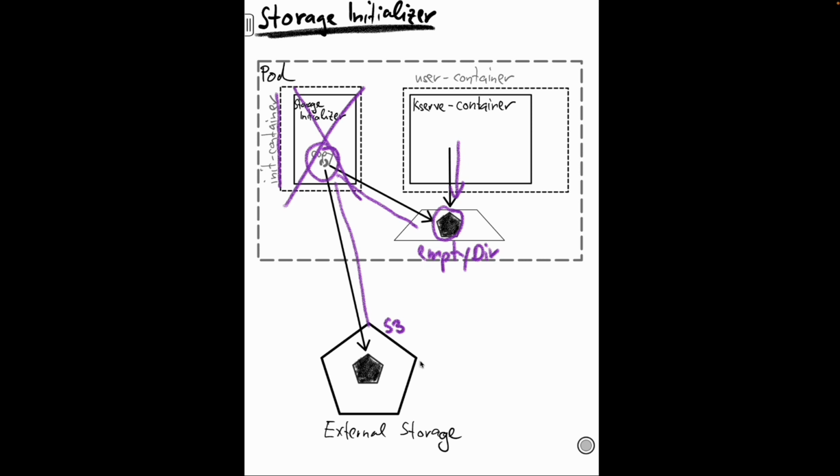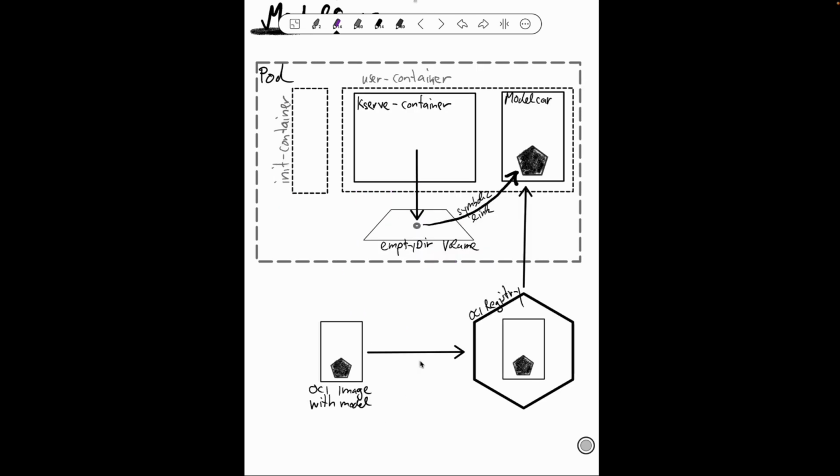So to overcome this, there have been some proposals, but in this demo I want to show you an alternative approach which leverages a certain feature of Kubernetes, which is called share process namespace.